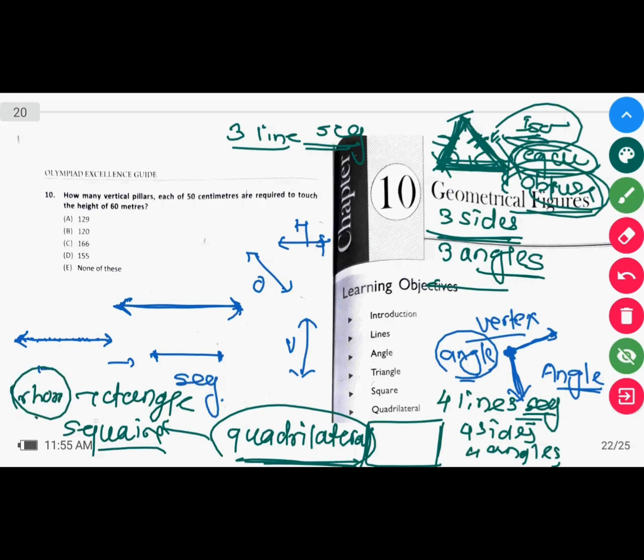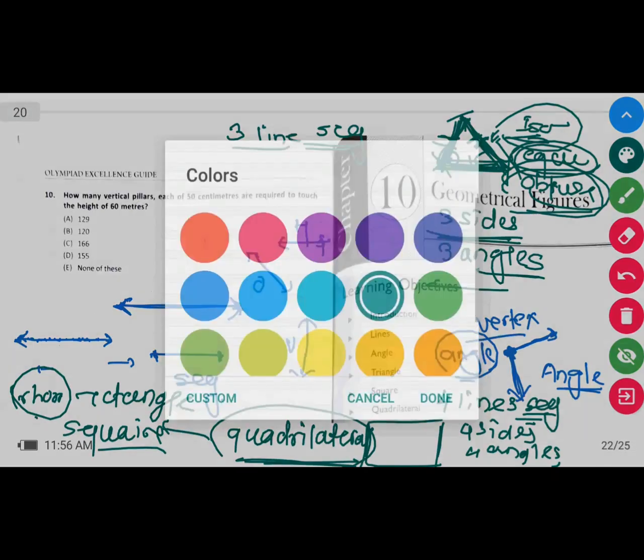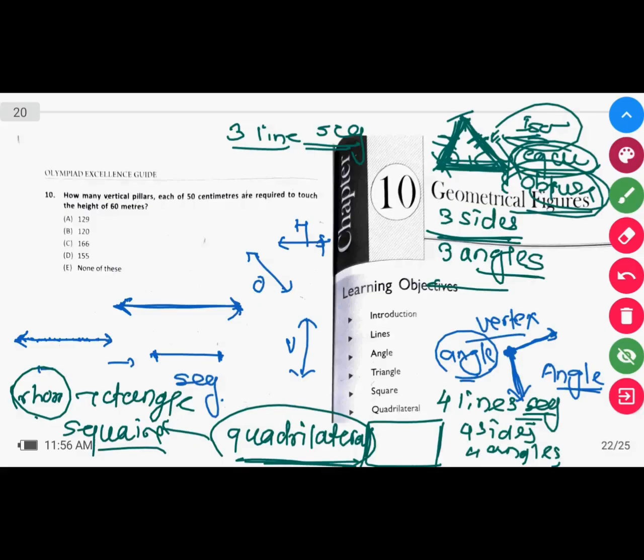Okay, so when is it a square? When the four sides of this quadrilateral are of equal length and all angles are of 90 degrees, then it is a square.